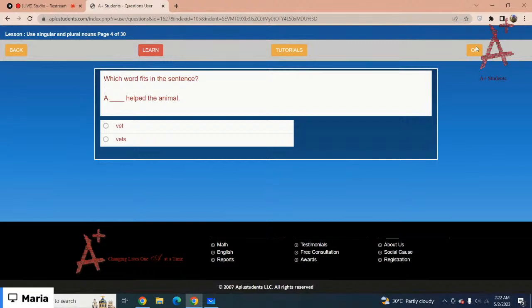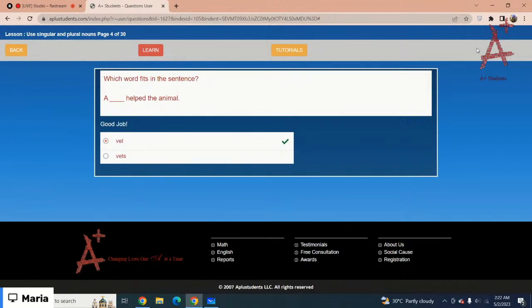I a dash helped the animal. A vet. A is used with singular, so it would be a vet helped the animal.